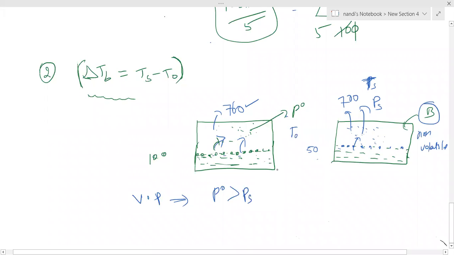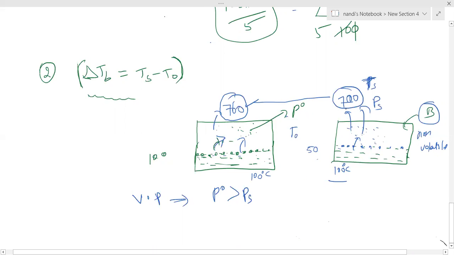Listen very carefully. Suppose here 760 is already there. Here also I need to get 760. I need both to have the same vapor pressure. Suppose this boiling point is 100 degrees centigrade. Here also we start at 100 degrees centigrade. At 100 degrees centigrade, this has 700, this has 760.